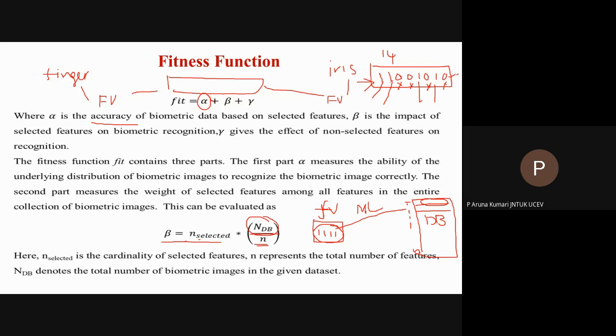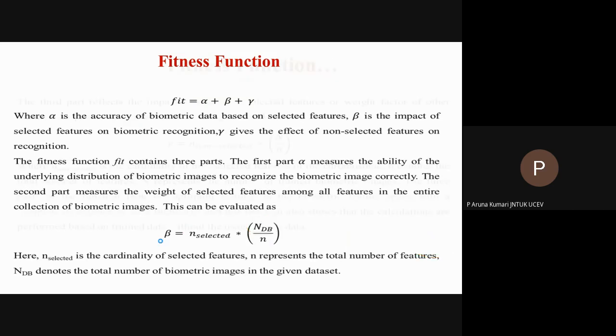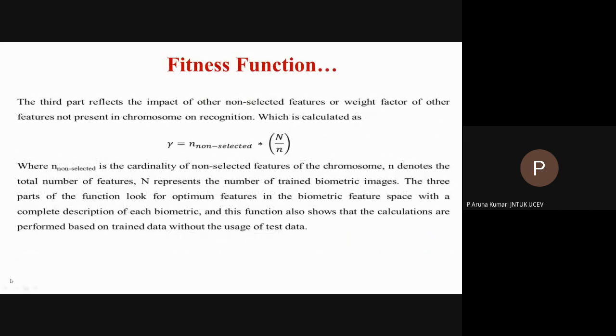Among those, how many features have been selected? This is your second component. And your third component indicates the non-selected features among the n number of features.